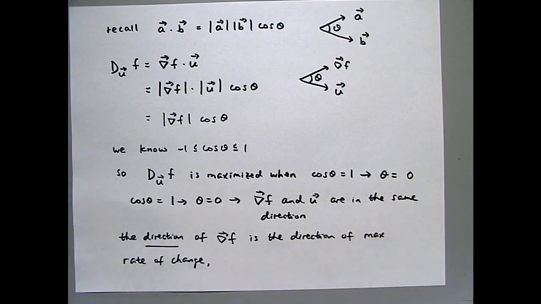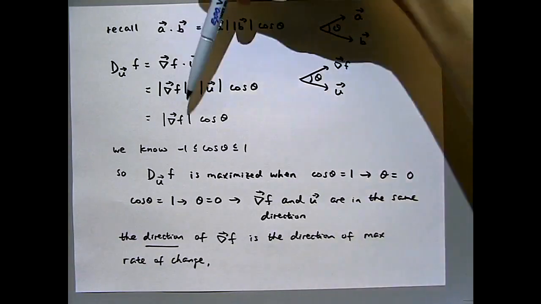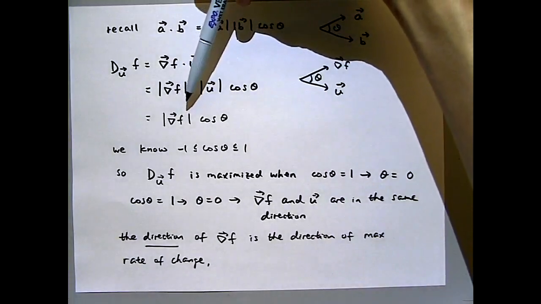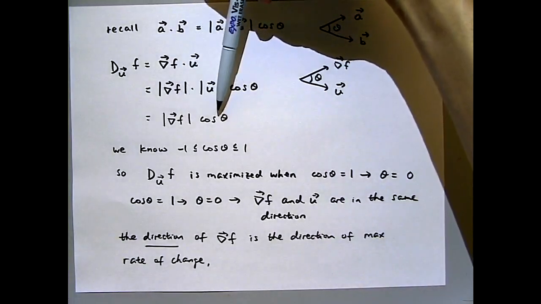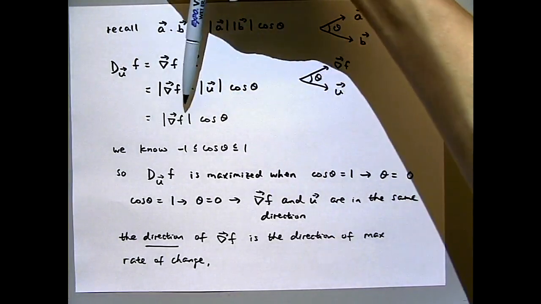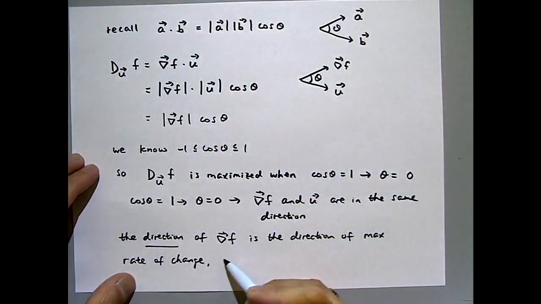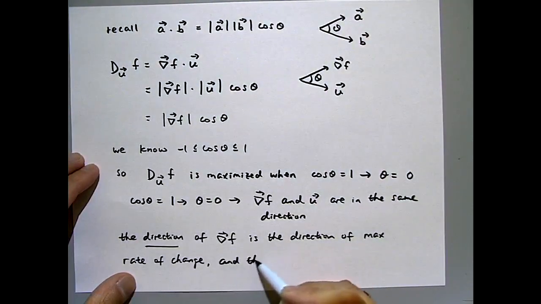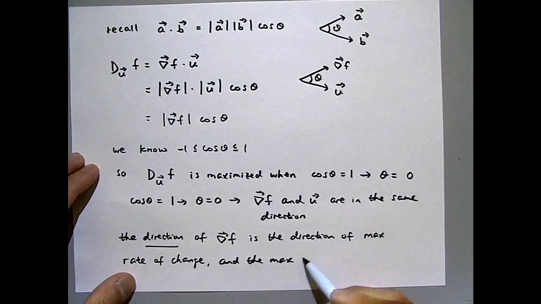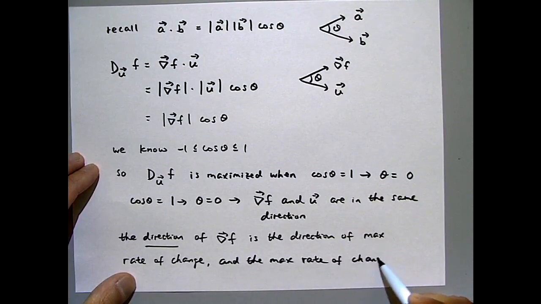And the maximum rate of change is the magnitude of the gradient vector. When this is 1, the rate of change is equal to the magnitude. And the max rate of change is the magnitude of the gradient vector.